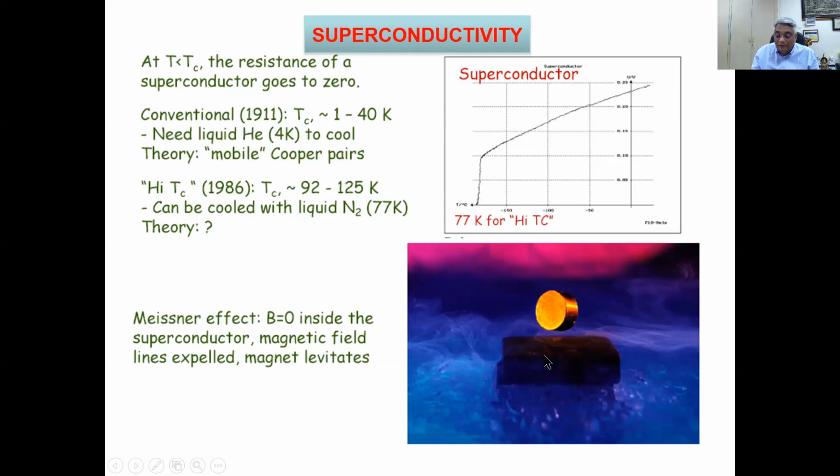That means the magnetic induction is 0 inside. So the superconductor expels all the magnetic flux lines from the interior, and the result is what is called the Meissner effect, where the magnet starts hovering on top of the superconducting block.